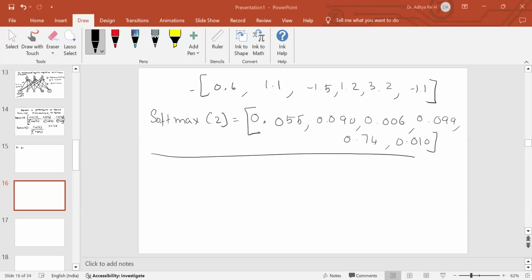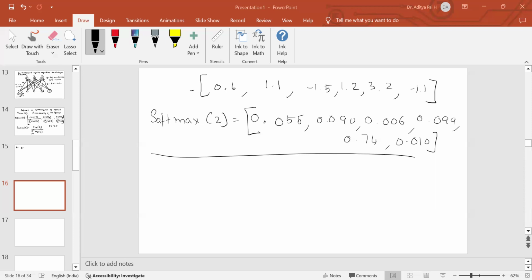Programmatically, if you are writing a C program for this, for i in 1 to n, z of i is equal to W of i times a of i minus 1 plus b of i, and your a of i is the activation function g of i applied to the output z of i.